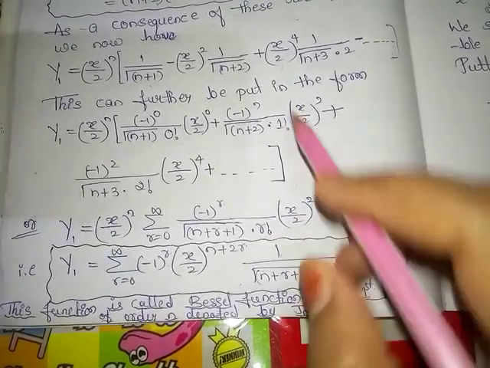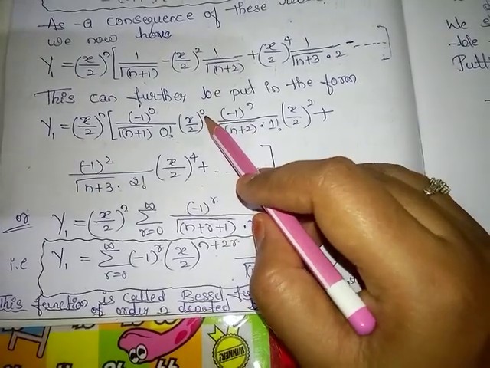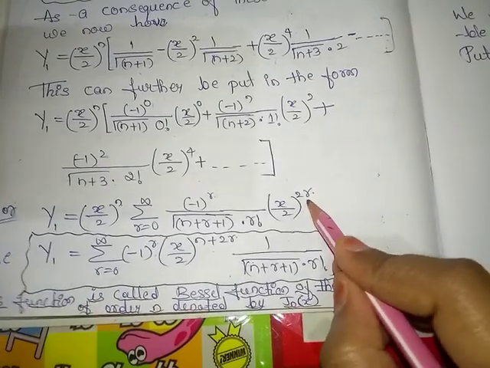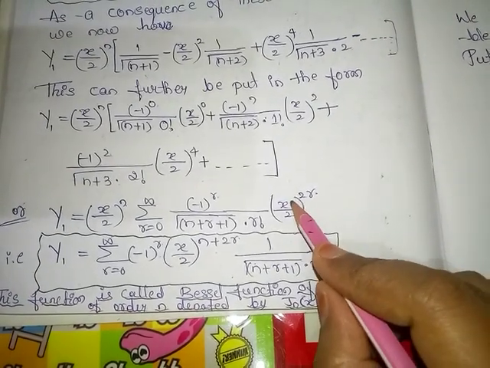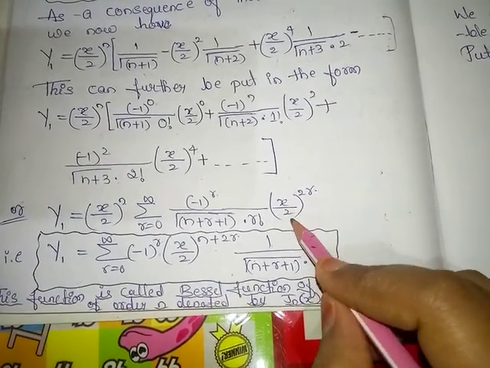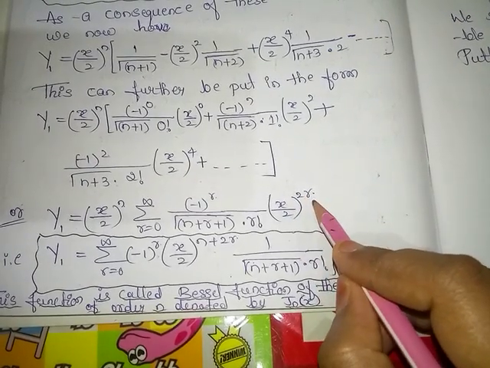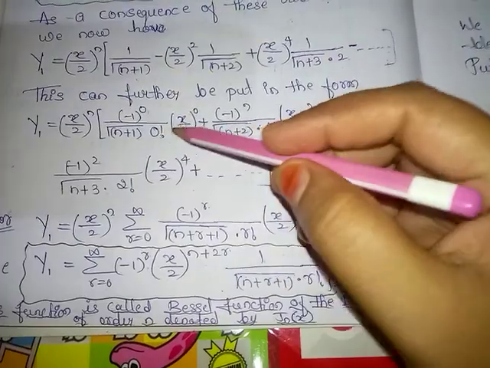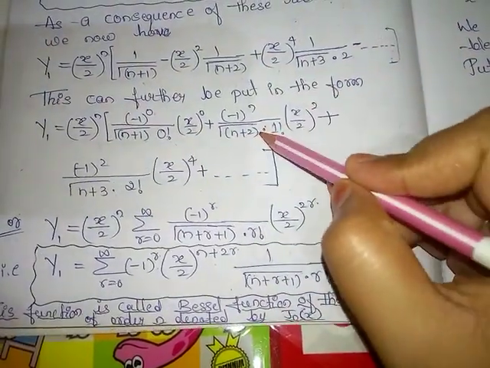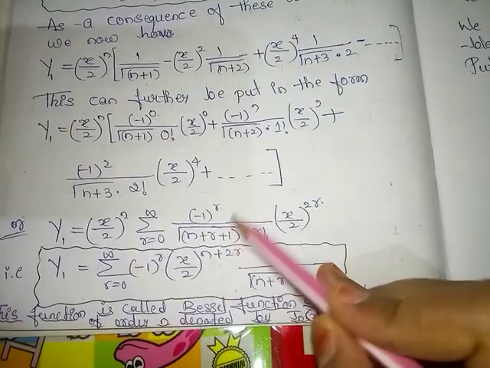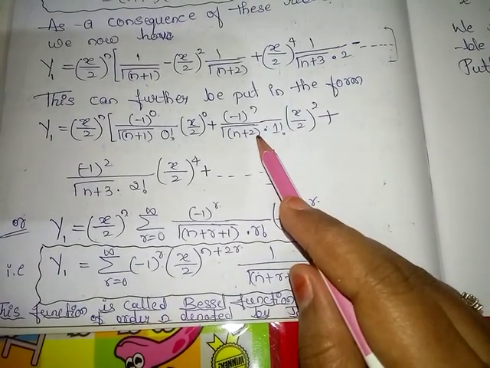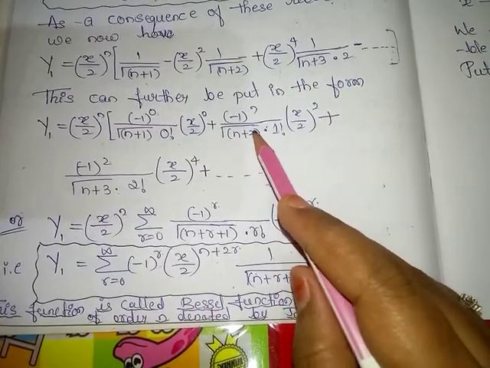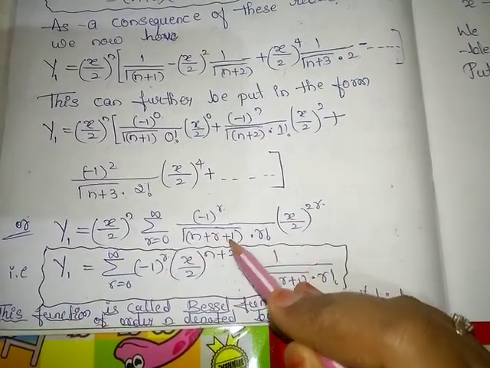Here we have 2r because our first power is 0, here 2, here 4, so we have an even multiple of r in the power of x by 2, so we will take x by 2 whole raised to 2r. Here I will take n plus r plus 1, because for the first term r is 0, and for the second term r is 1, so it is n plus 1, then n plus 2.